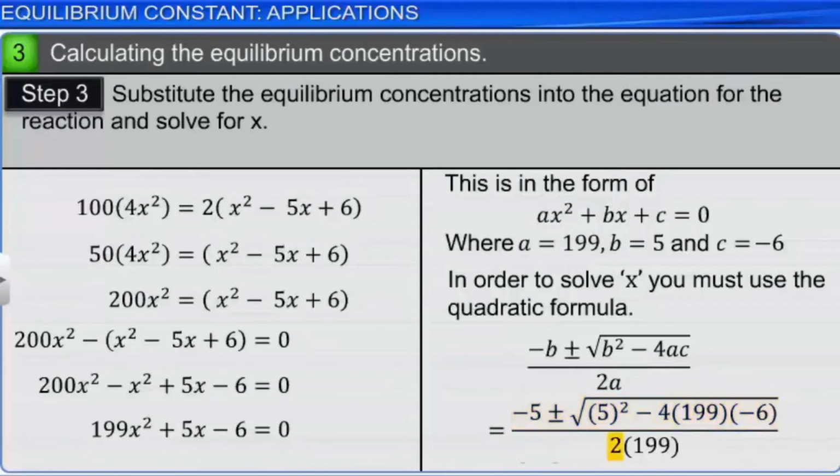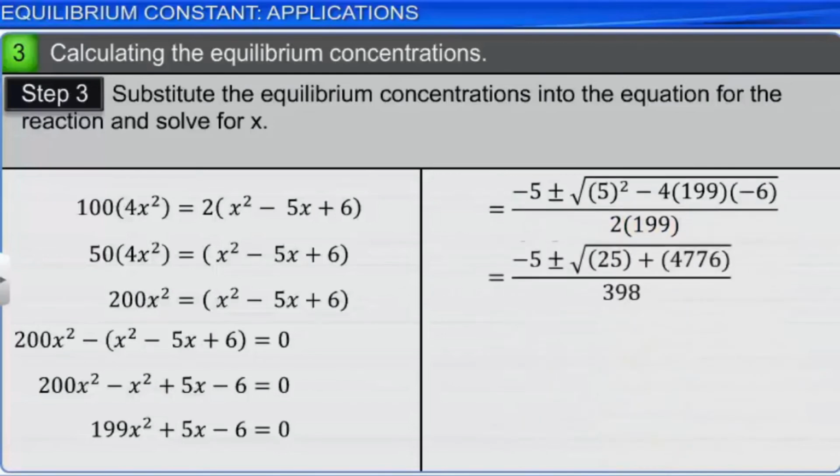This can be written as minus 5 plus or minus square root of 25 plus 4,776 divided by 398. This can be further written as minus 5 plus or minus square root of 4,801 divided by 398.